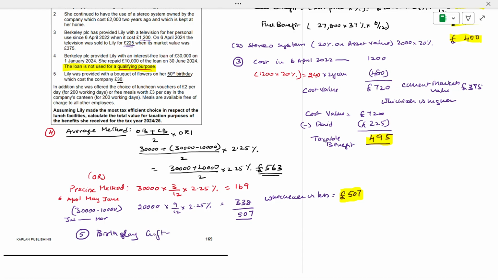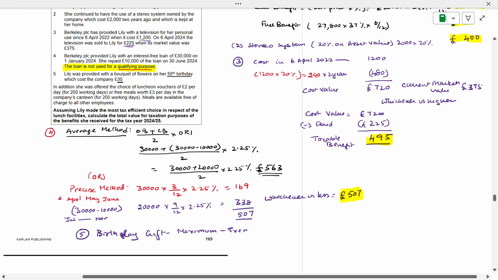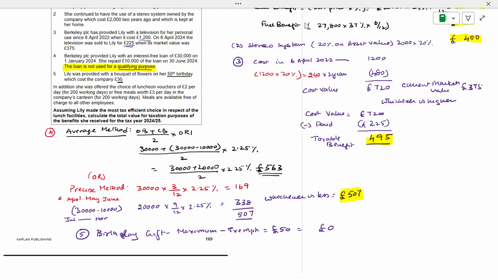The maximum exemption is 50. Yes, here in this case it will become 0. Are you clear about this?